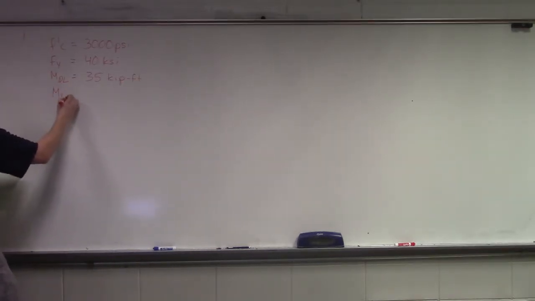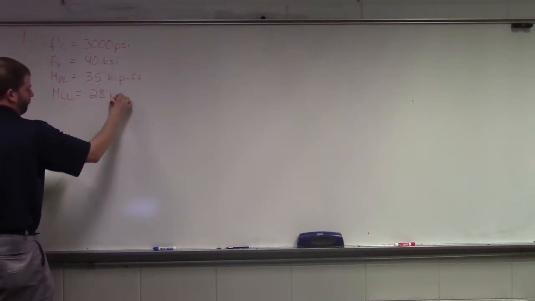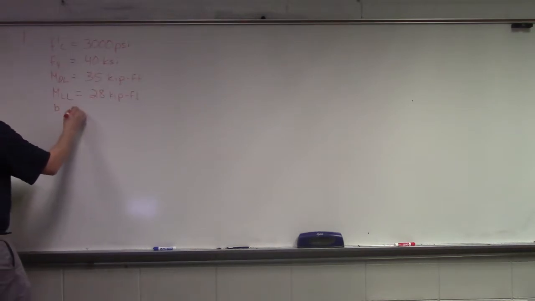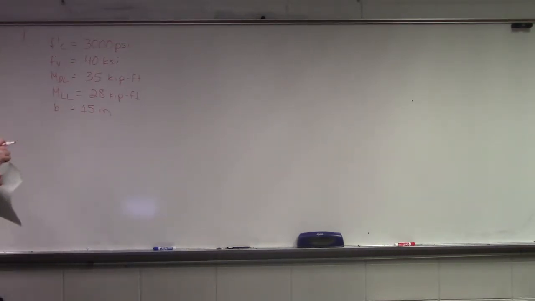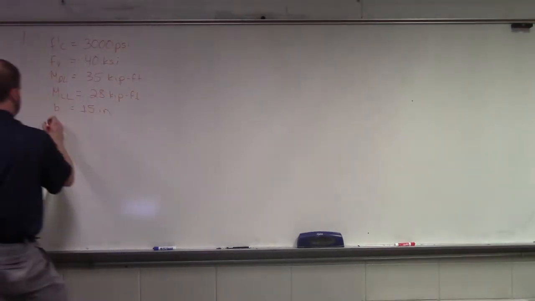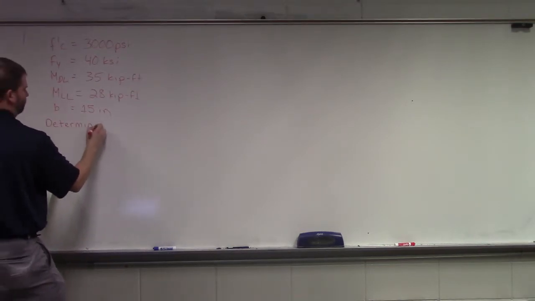The moment of our live load in bending is 28 kip feet. Our beam width is 15 inches. Kip is 1,000 pounds, short for kilo pound, right? Understand that by now.